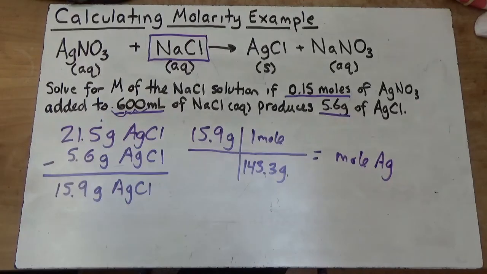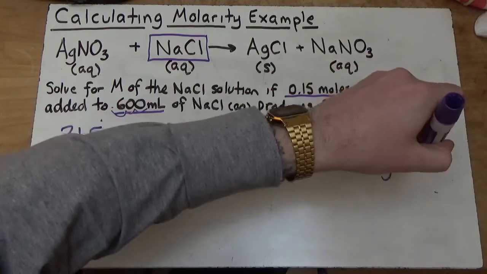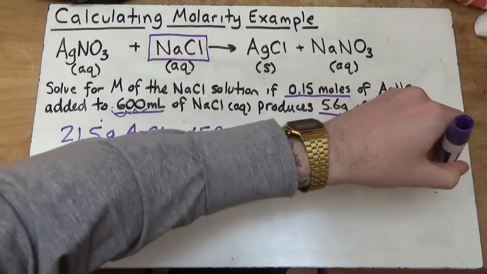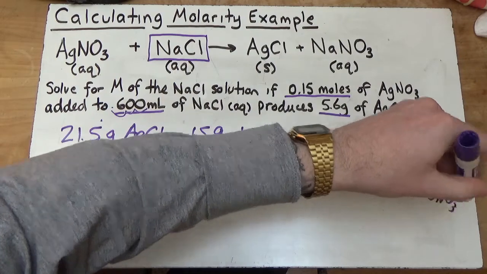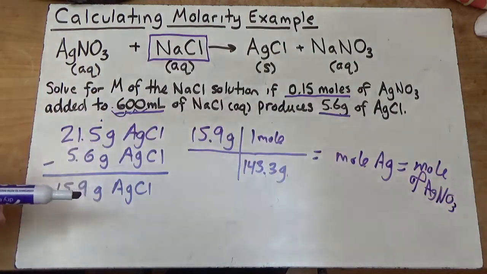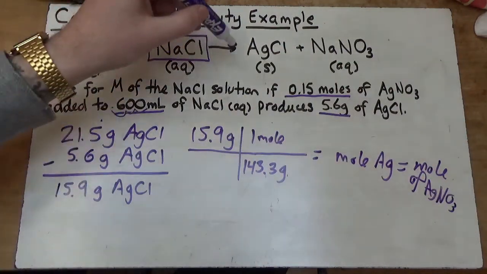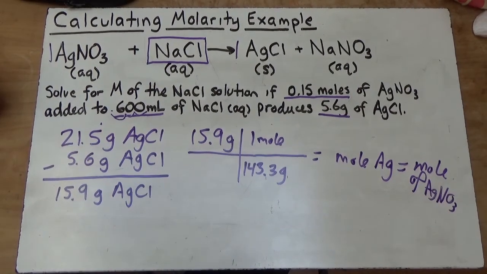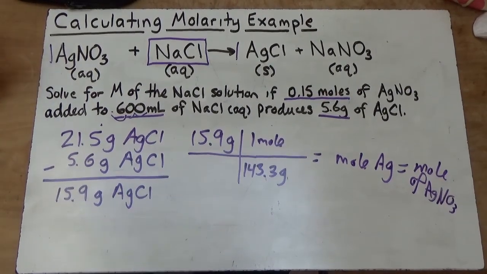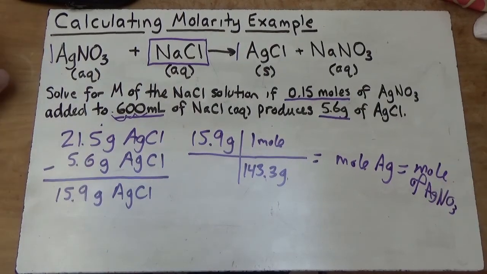You're going to solve for moles of AgCl, and that moles is going to be the same as the moles of AgNO3 that are left over. And the reason why is because the ratio is 1 to 1. Hopefully that helps. For calculating molarity, this is a very specific example, but it's a good one, and its setup can be applied to many different problems.